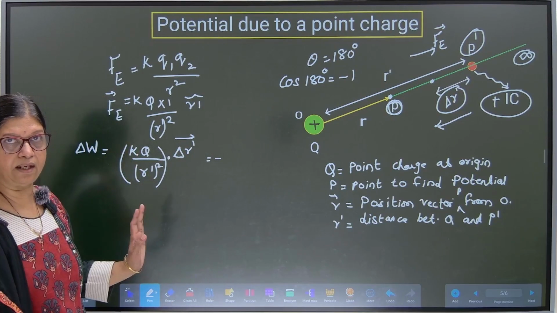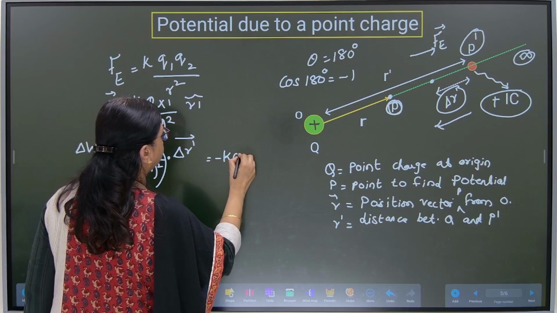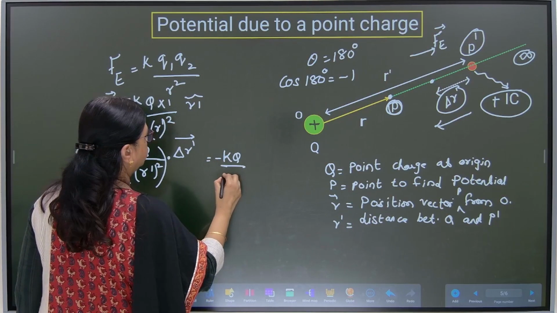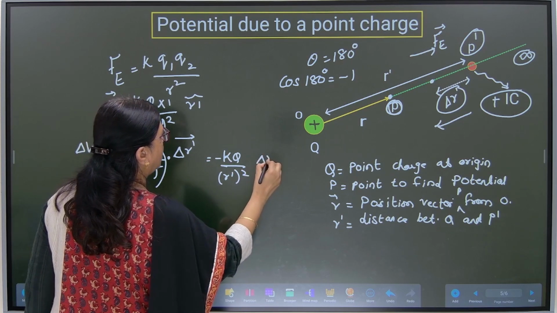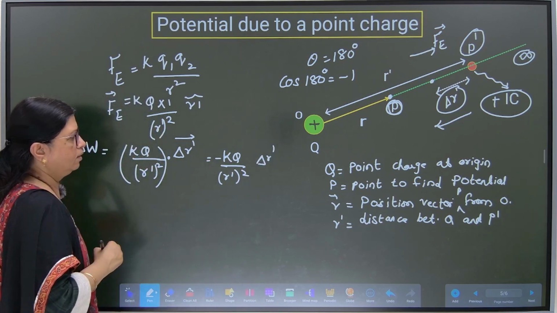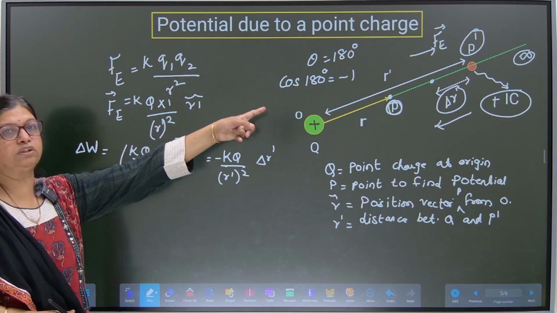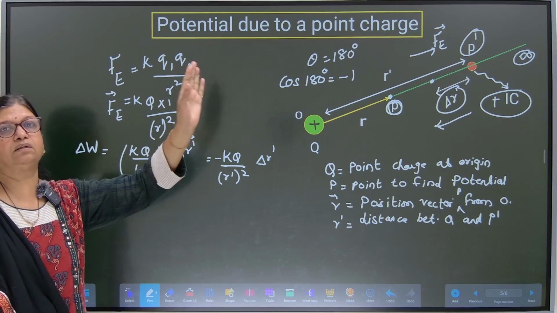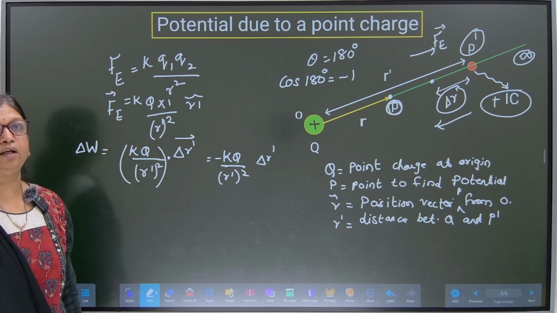Delta W is a scalar, and this is a dot product. So delta W is equal to negative K Q upon R dash square delta R dash. Why have I written negative here? Because the angle between them is 180 degree.